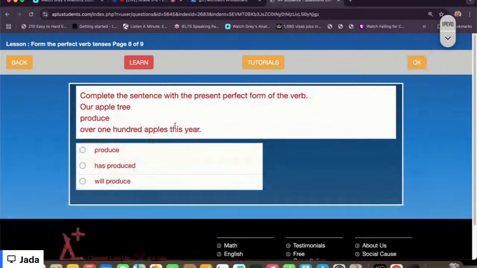Our apple tree produced over 100 apples this year. So has produced or will or produce for the present.